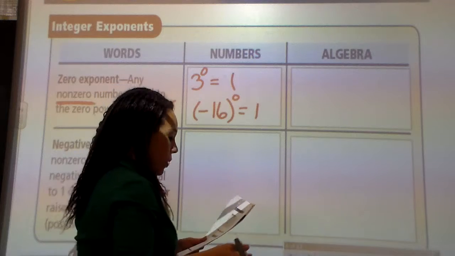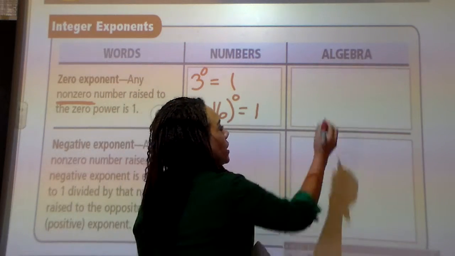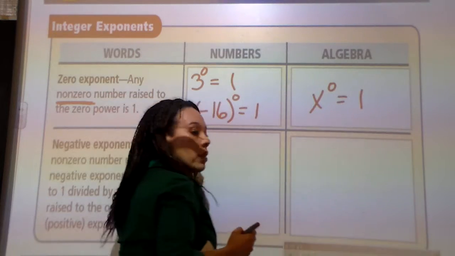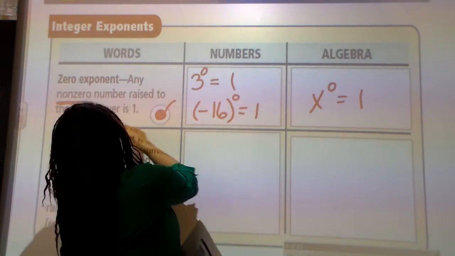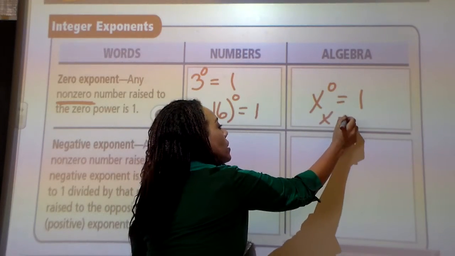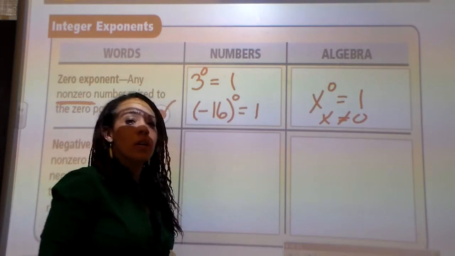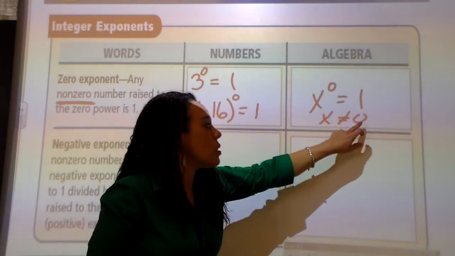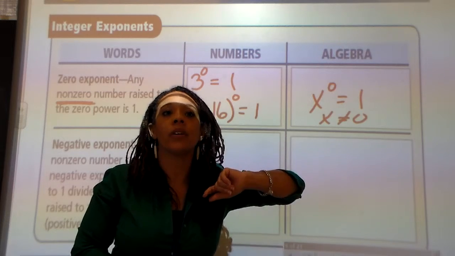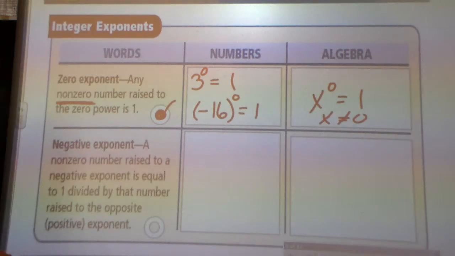How it looks in algebra terms, it says this. So x raised to the 0 power is 1. When we see this thing about a non-zero number, it also means that x is not equal to 0. As long as x is not 0, whatever is raised to the 0 power is 1.